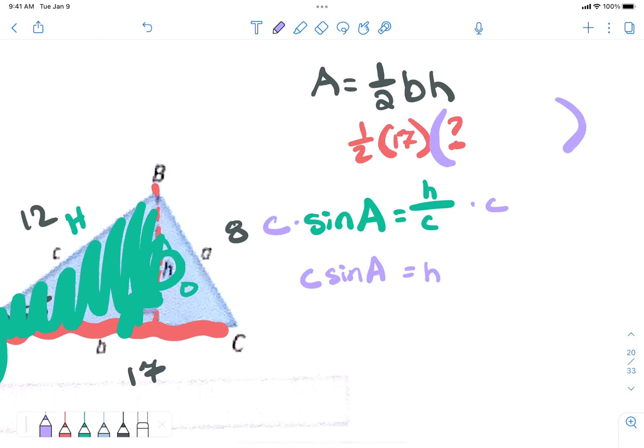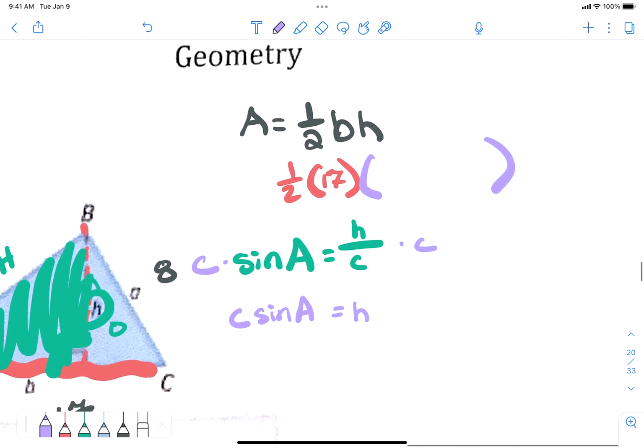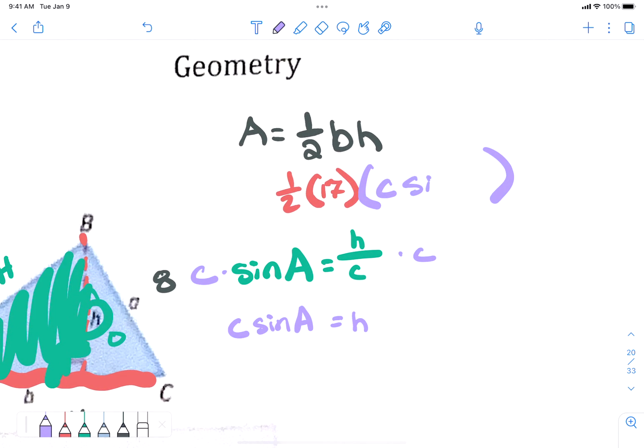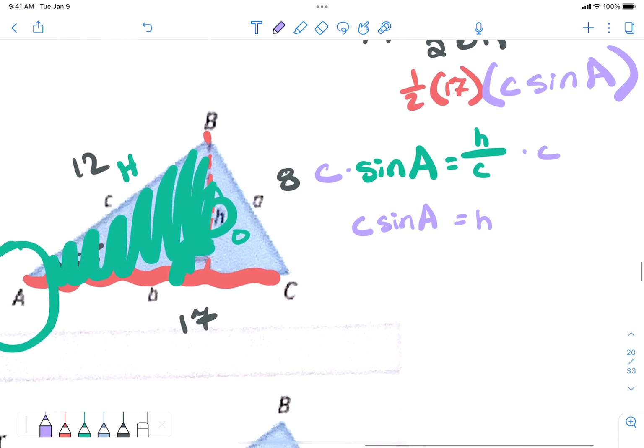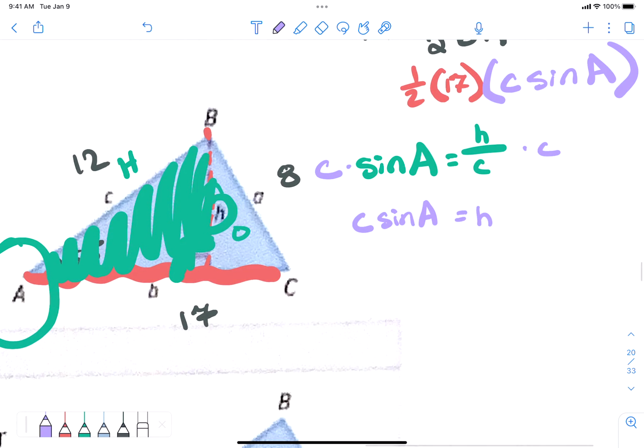If I'm doing the H over here, rather than having an actual height, I can do C times sine of A. Well, what is the C value in my example? 12. And what's A? The area? Like capital A, the angle.